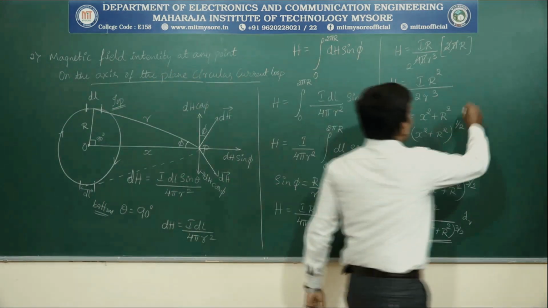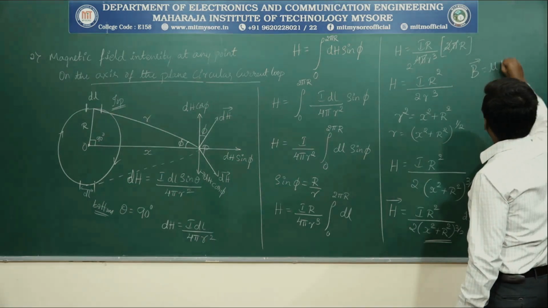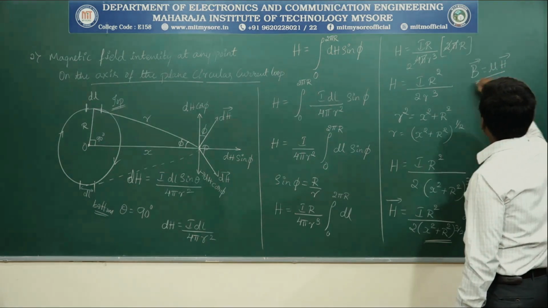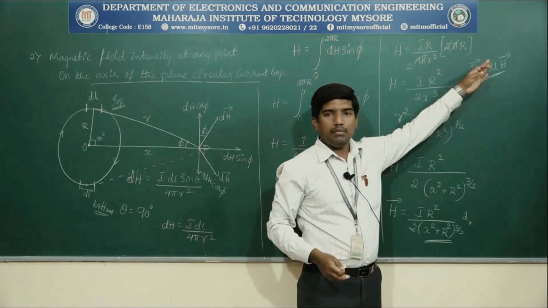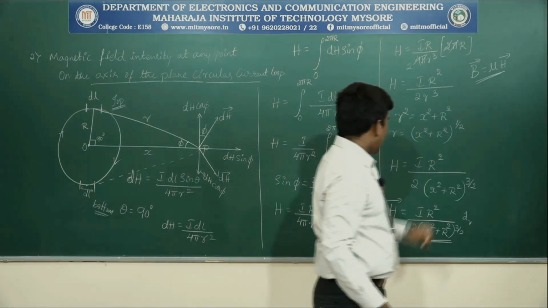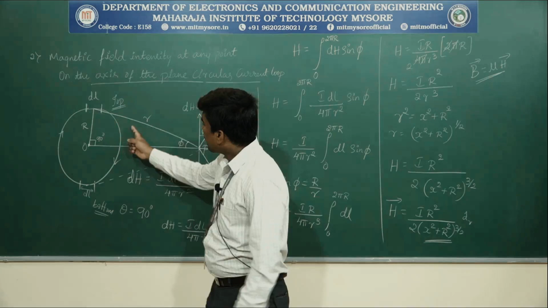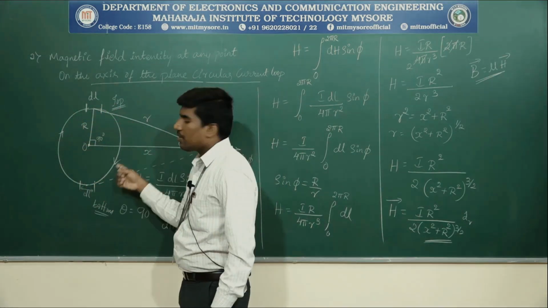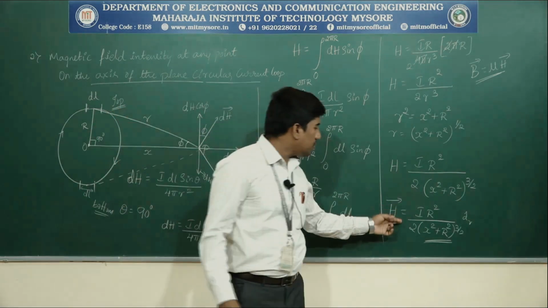So if we want the equation for B, B is equal to mu into H. Just multiply this equation with permeability mu, and we are going to get the equation for B. Then one more special case we need to consider here. If this circular current loop is having n number of turns, what will happen to this equation?